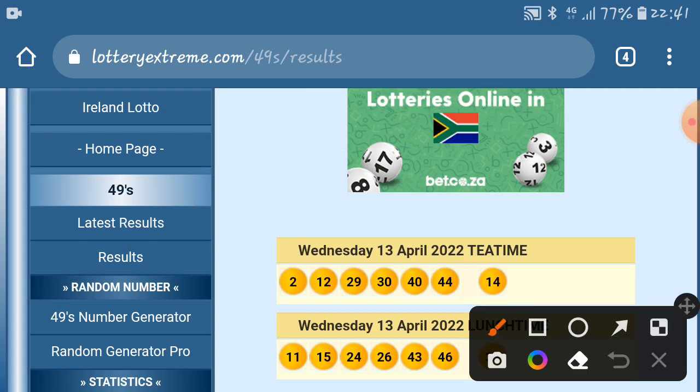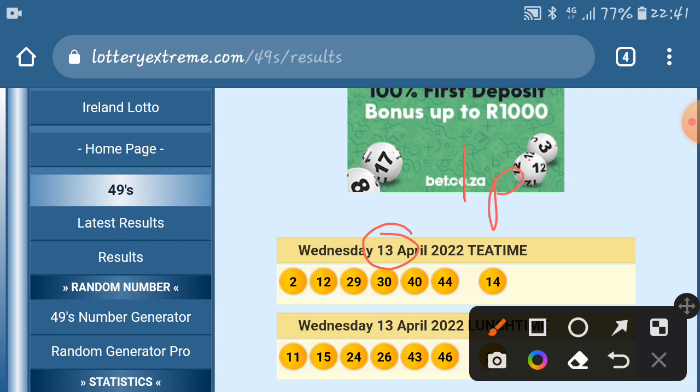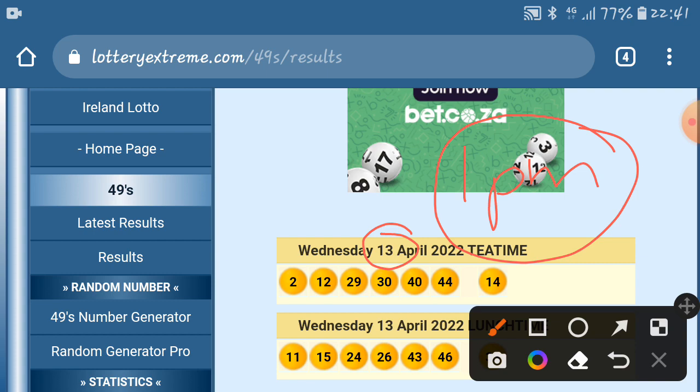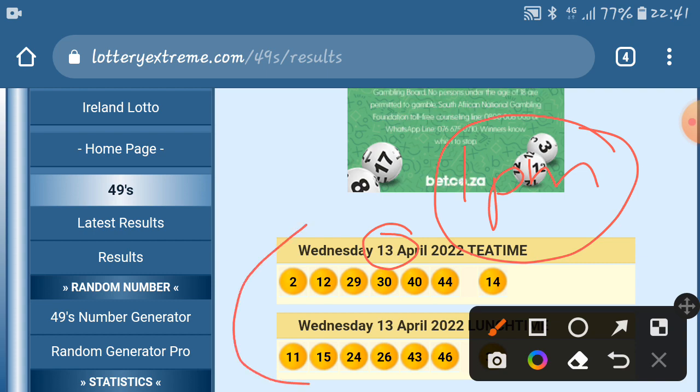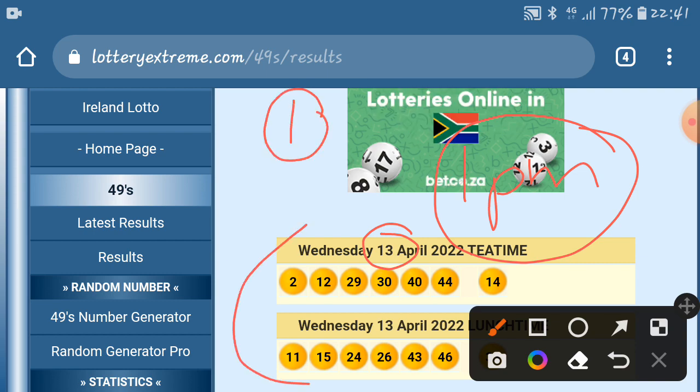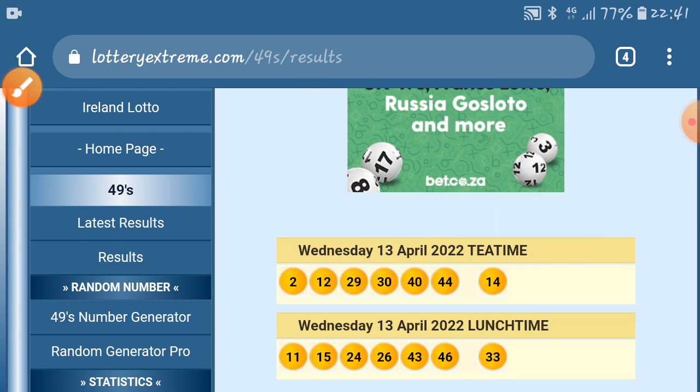Because even on the date and time, 13 being 1 p.m., when it comes to time, 1 was supposed to have played, so we can confidently play 1.